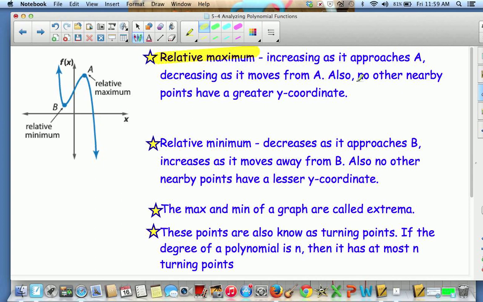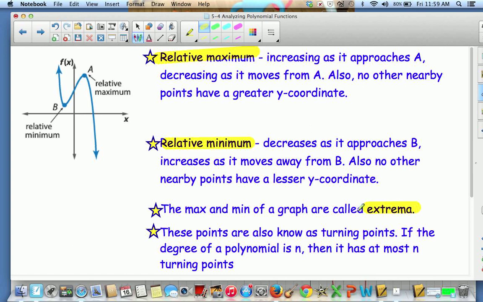And there's no nearby points that have a greater y coordinate. The relative minimum decreases as it approaches B, and it increases as it goes away from B. So we're always going left to right. The max and min are also called the extrema. So that's another vocab word for you. These points are also known as turning points.